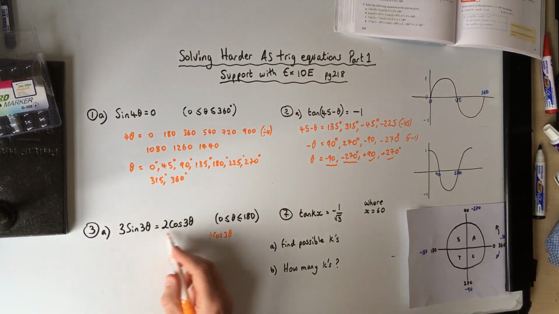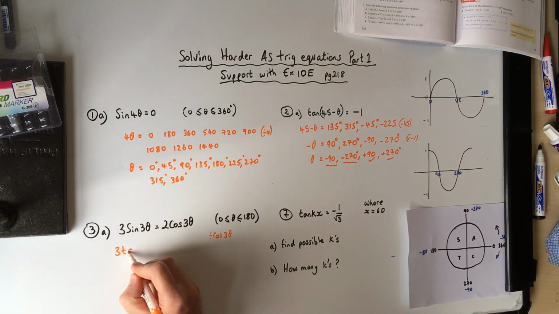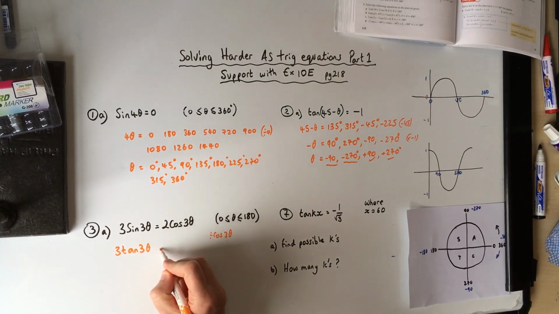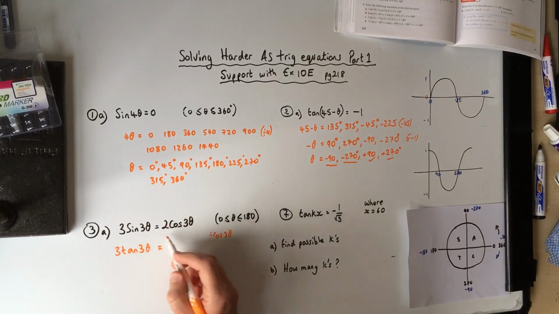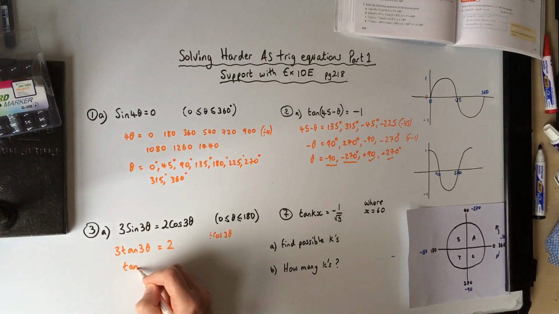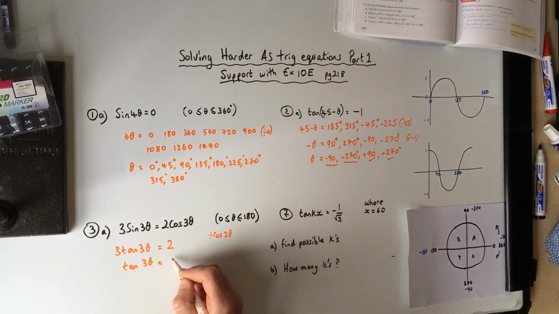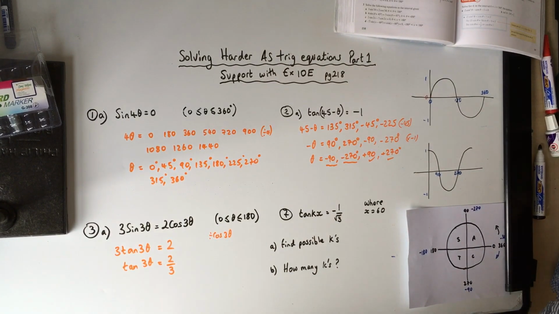When we divide by cos 3 theta, we get 3 tan theta, as you know, because we've got sines and cosines. And divide this side by cos theta, and we've got 2, and we've got tan 3 theta is equal to 2/3, haven't we? You'd have to reach for your calculator then.